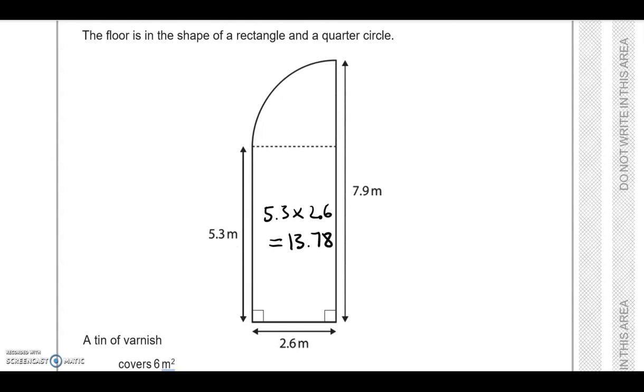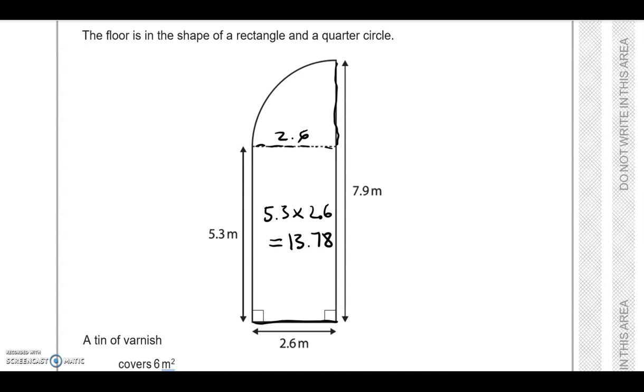Now working out the area of the quarter of the circle. The radius is either this or this length, which would be equal. So that is 2.6. We know that through this. Or we could do 7.9, take away 5.3.